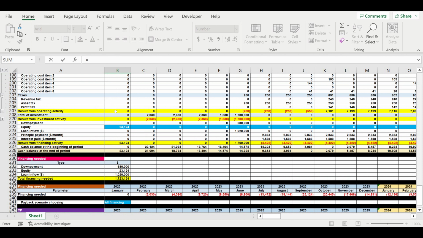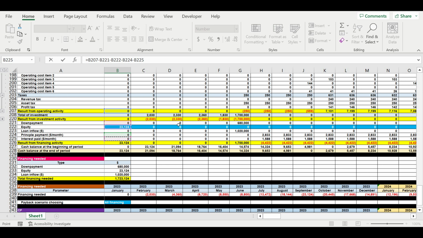So I will be using the result from operating activity, then I won't be taking the result from investment activity because here we place all the totals, but I will be taking minus this line, minus down payment, minus equity, minus principal payments and minus interest payments.